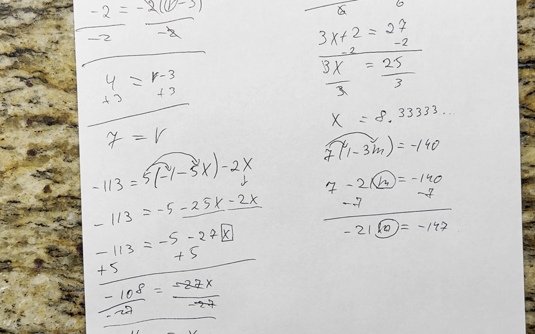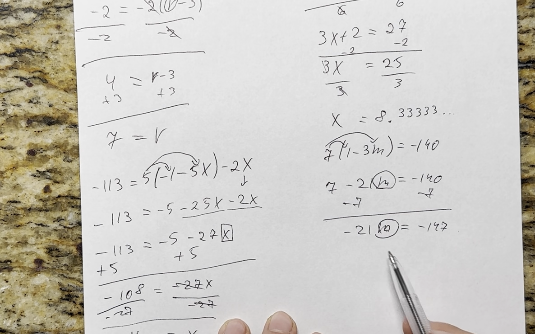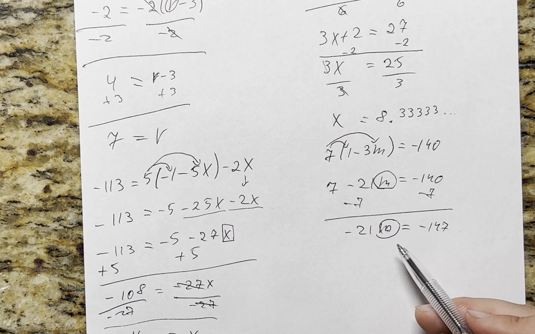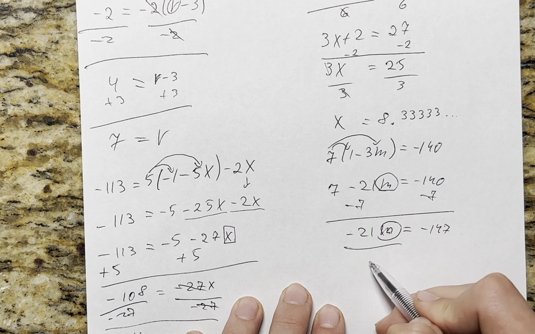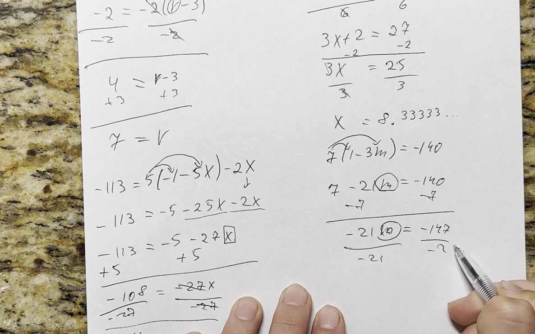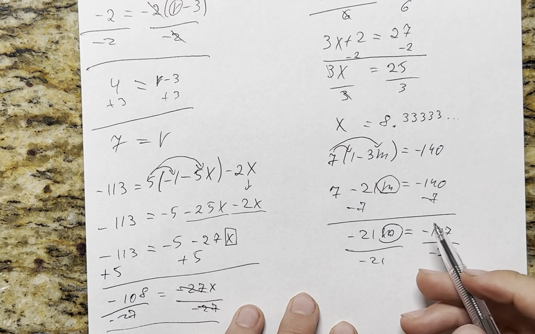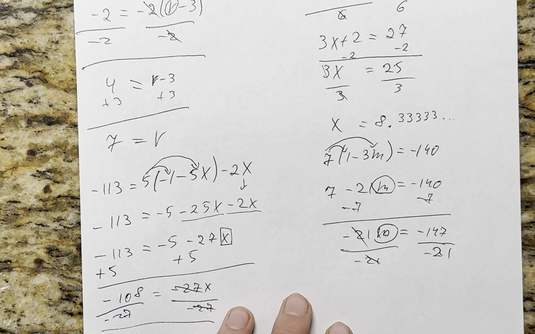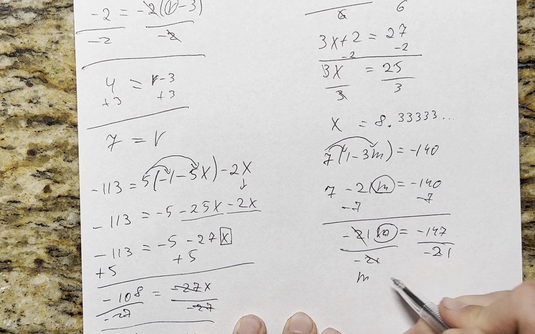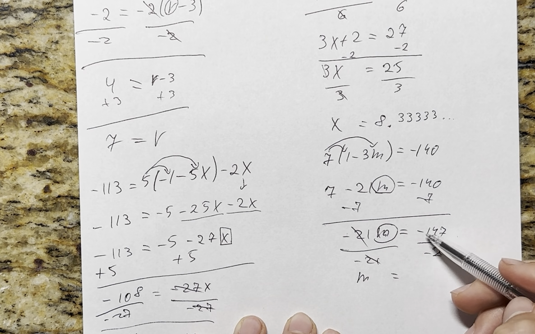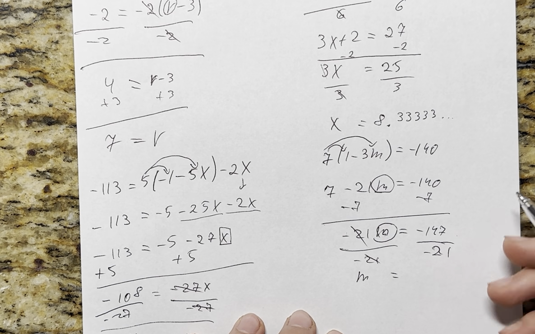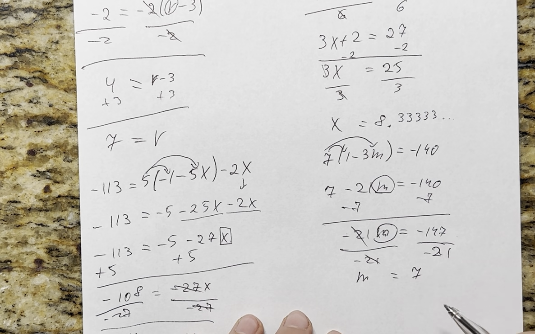And to do that, we have to divide each side by negative 21 to get rid of this negative 21. So, these two cancel out. And what you'll get is m equals negative 147 divided by negative 21, which is 7. And that will be your answer.